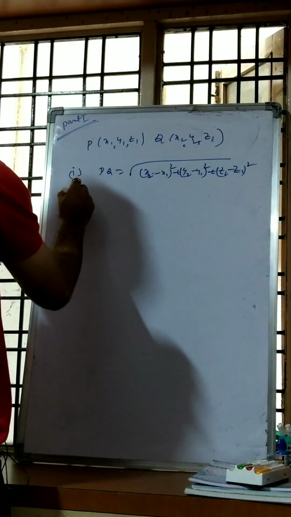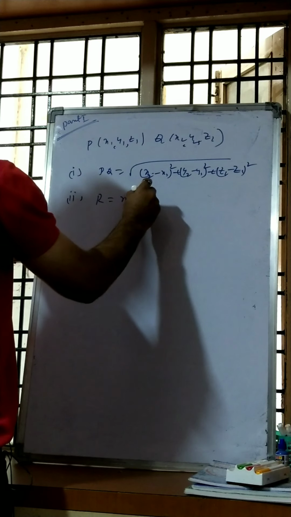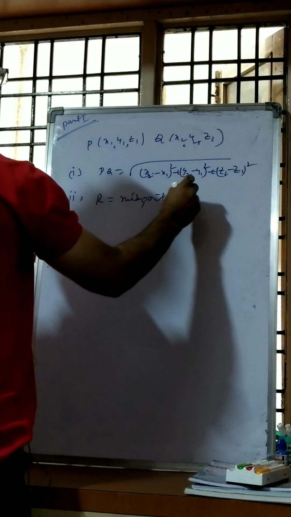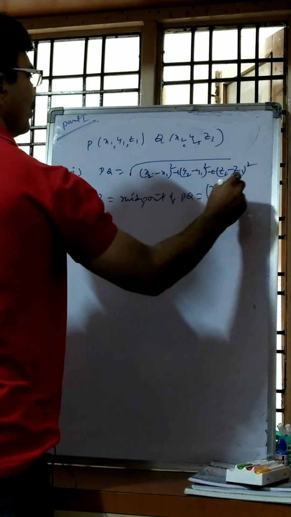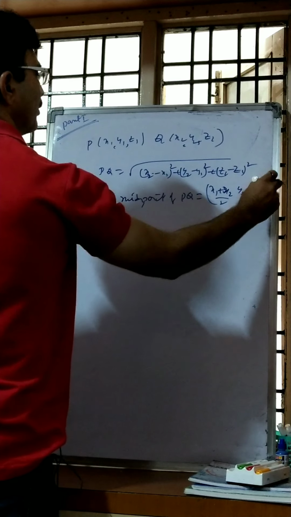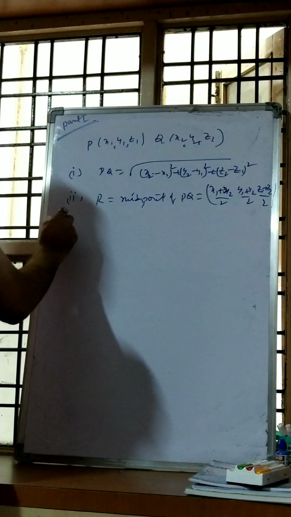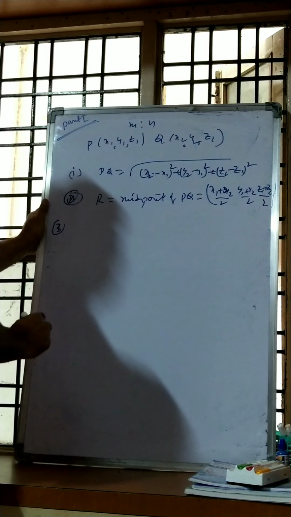And if anybody asks for the midpoint of PQ, I can write x1 plus x2 by 2, y1 plus y2 by 2, z1 plus z2 by 2.